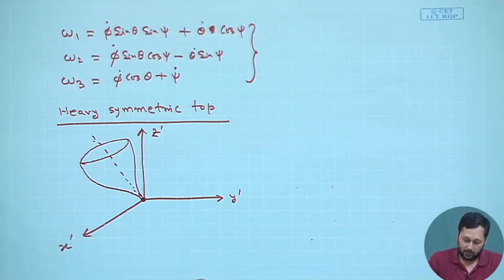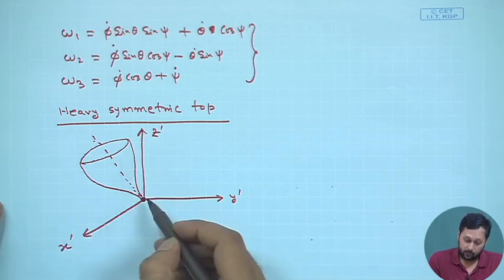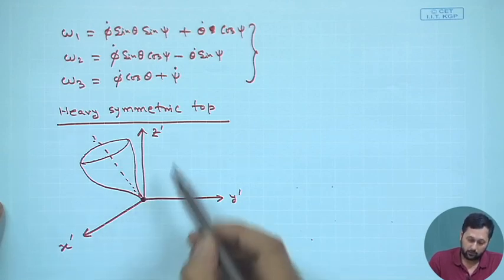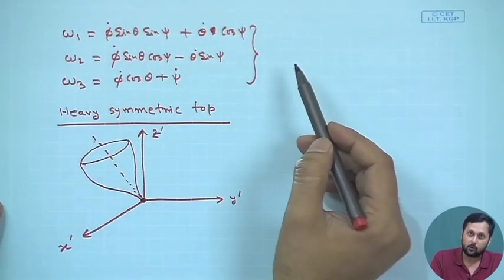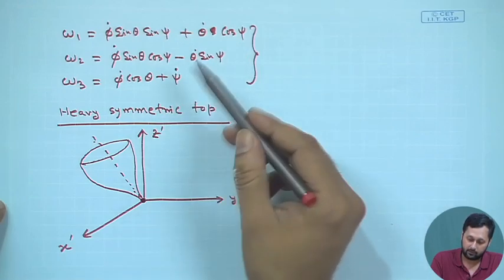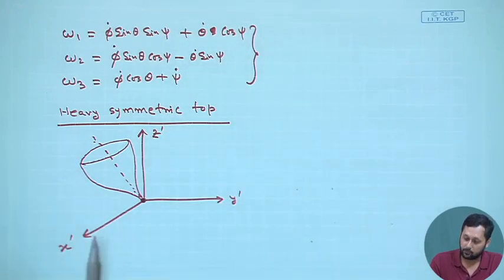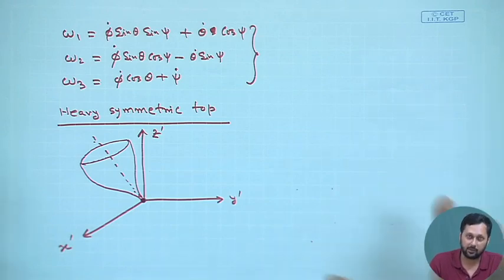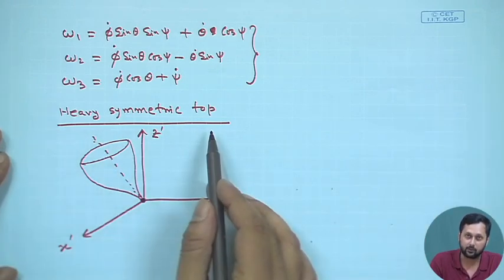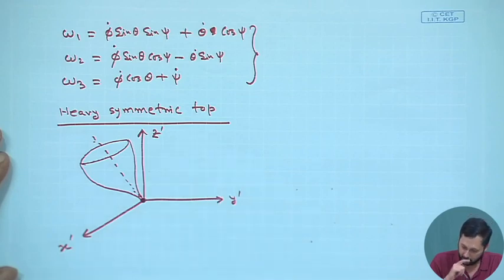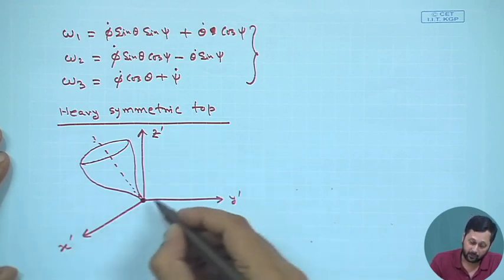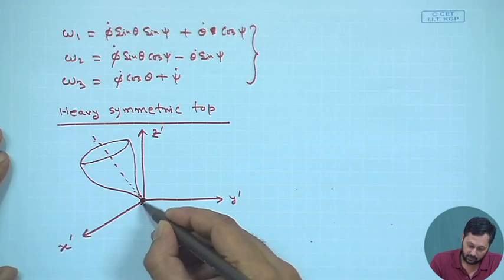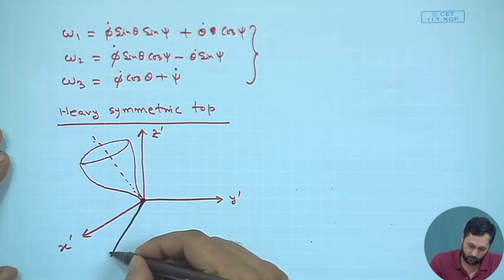Now, in order to write the equation, we can take omega 1, omega 2 and omega 3 and start from there. But because we have to do lots of mathematics in understanding the heavy symmetric top, it is better to take a coordinate system which is spinning along with the top.